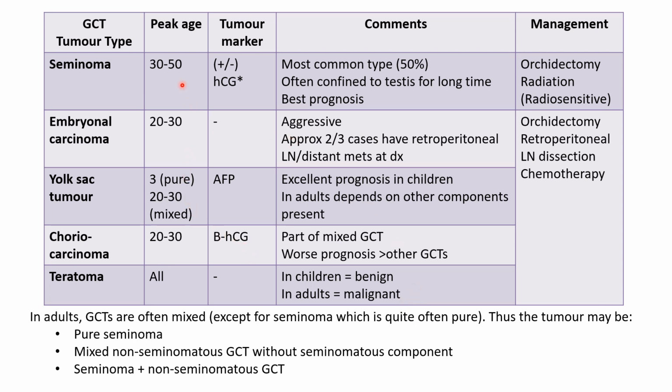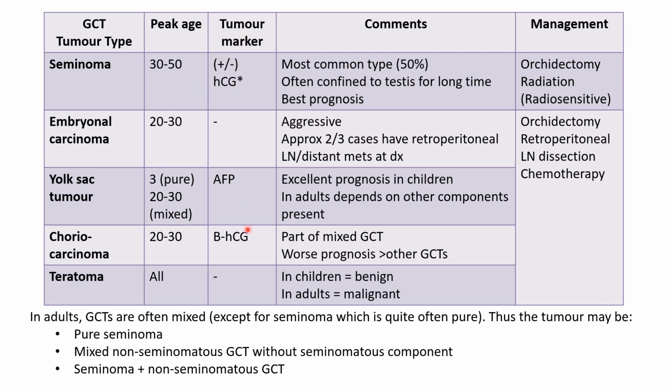Another thing to mention, if we look at the column peak age, you can see that in adulthood or post-pubertal germ cell tumors, the embryonal, yolk sac, chorio, and teratoma occur most commonly at a slightly younger age compared to seminoma. They occur probably around the second and third decade.